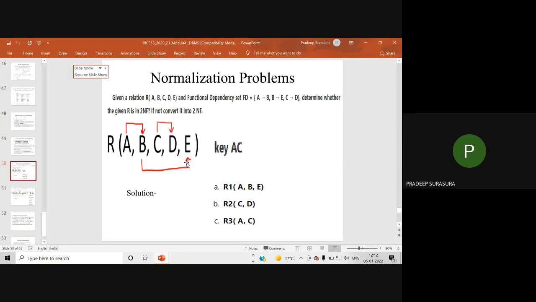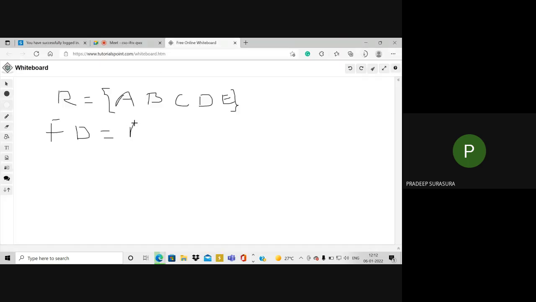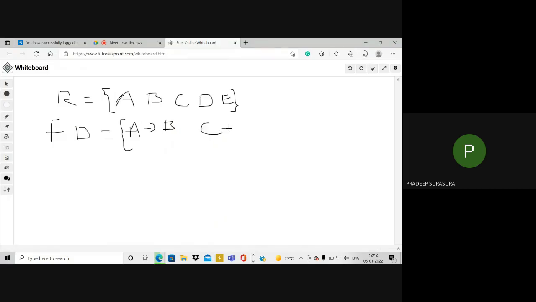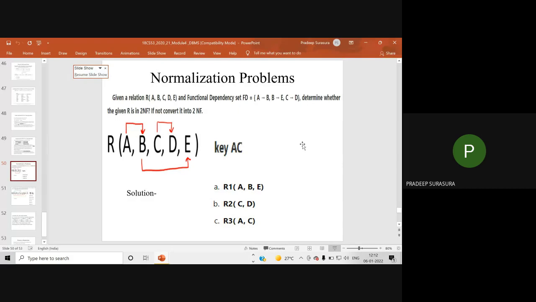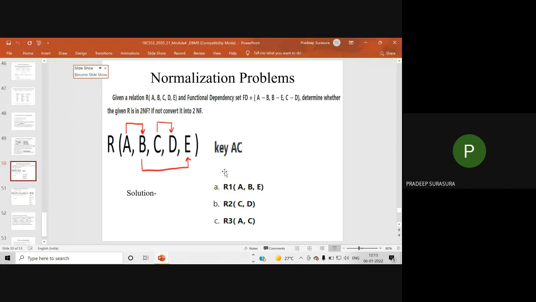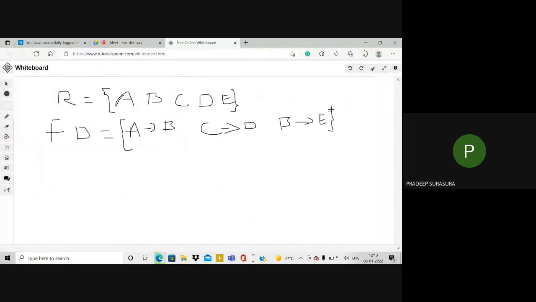So let me clean it up as fast as possible. A determines B, C determines D, and B determines E. Okay. So there's one typical problem. Need to understand how this works.